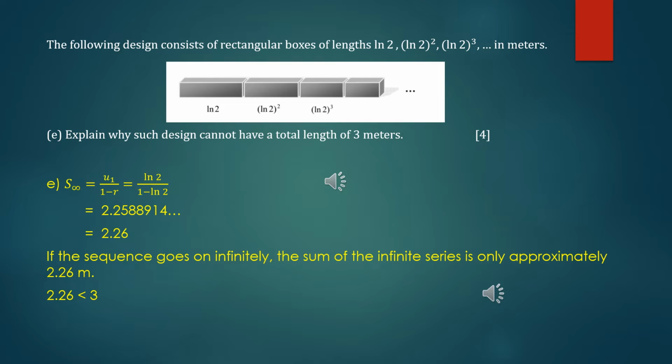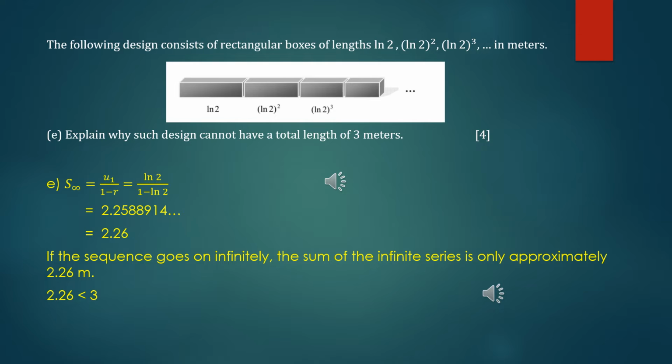And since the pattern goes on infinitely, we can use the formula for the sum of an infinite geometric sequence. This problem qualifies for that because our r, which is ln2, as solved previously, is approximately less than 1. So we substitute the values into the formula.